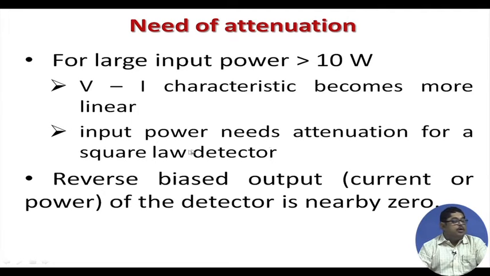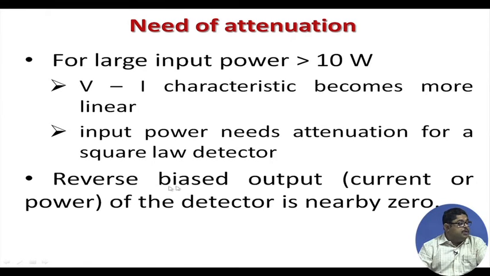So, the square law does not hold there. That is why, if you want to use it in that case, please attenuate the signal, so that typically it is below 10 watt, or from your purchased detector diode, you see the IV characteristic, roughly up to where it is square, and you restrict your input power to that.